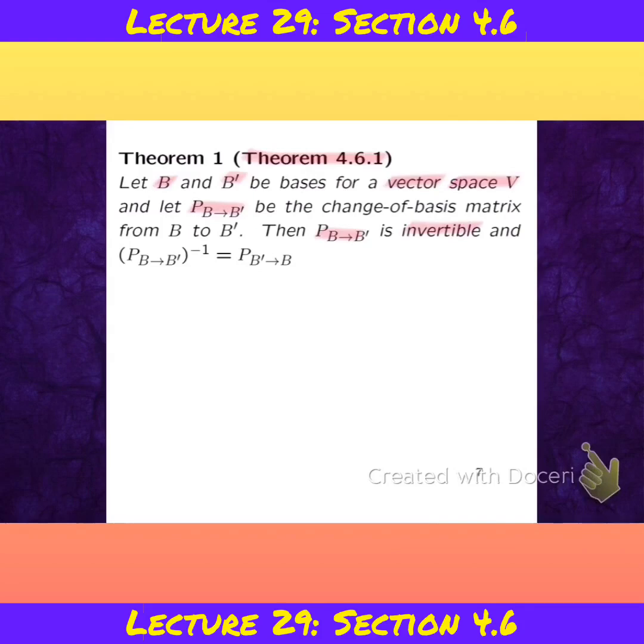And it just happens that the inverse of that matrix gives us the change of basis matrix from B prime to B. So to go from B prime to B, we just take the matrix from B to B prime and take its inverse.